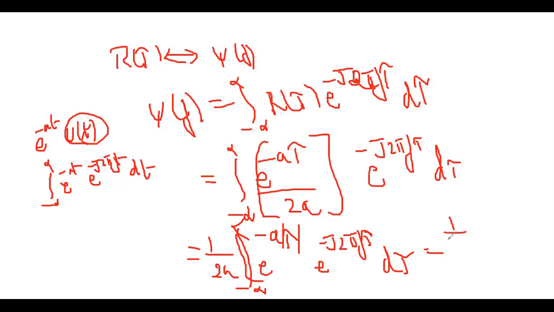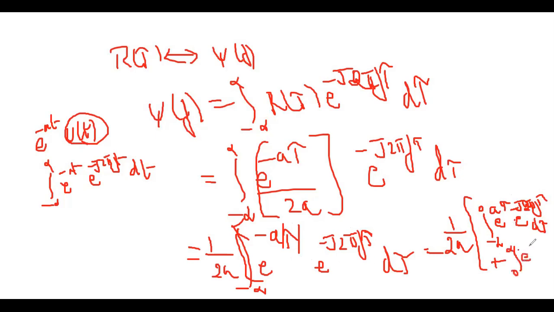The integral becomes 1 by 2a into the integral from minus infinity to 0, where tau is negative, so it becomes e power a tau into e power minus j omega tau d tau, where omega means 2 pi f, and the second integral is from 0 to infinity, with positive values, e power minus a tau e power minus j omega tau d tau.